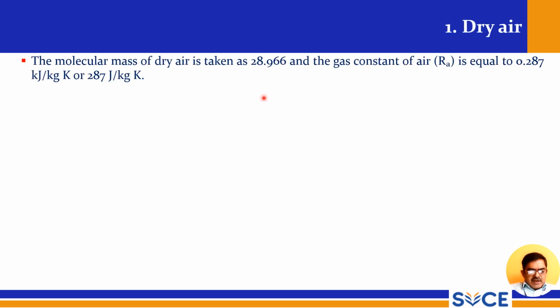So to continue with dry air, the molecular mass of dry air is taken as 28.966, and the gas constant of air is denoted by Ra. It is equal to 0.287 kilojoules per kg Kelvin, or 287 joules per kg Kelvin. So we can say it in terms of kilojoules or joules.